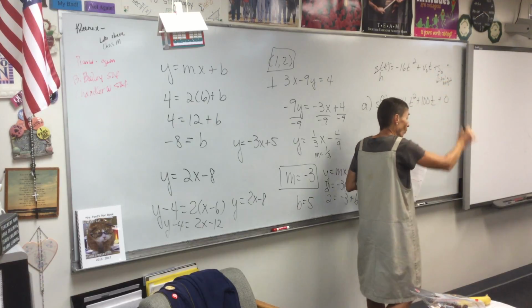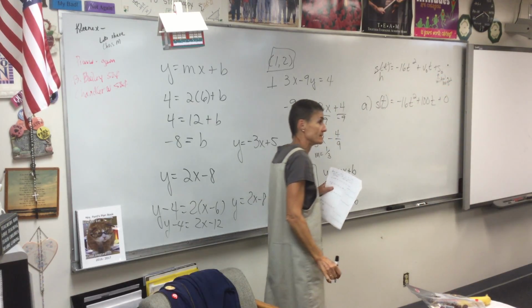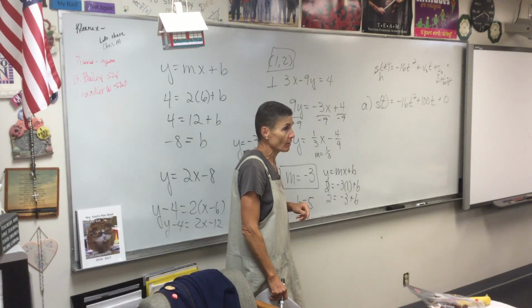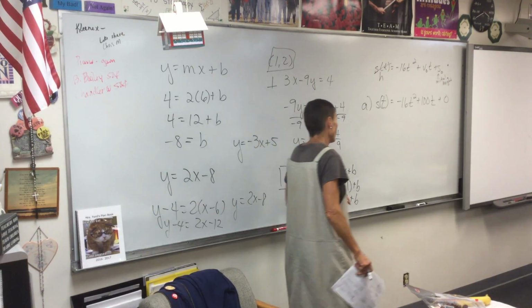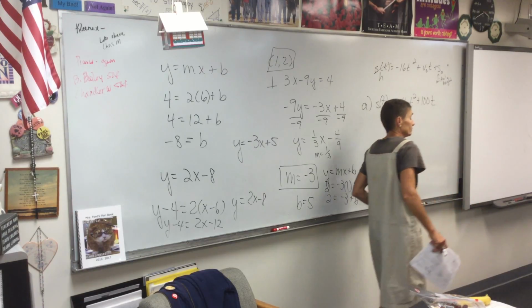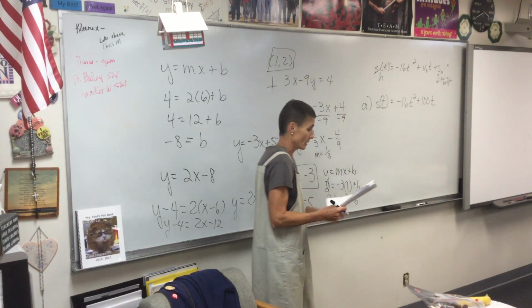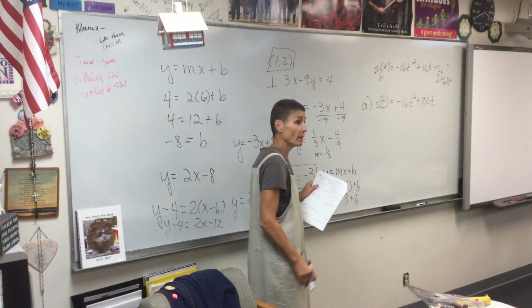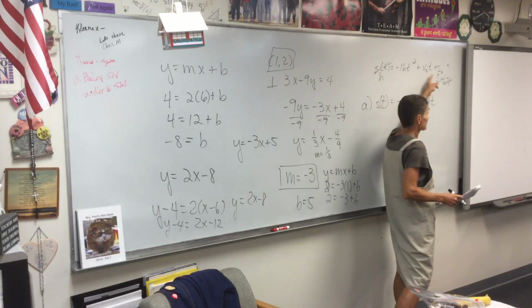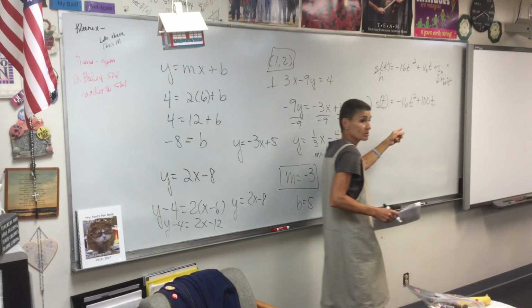Why is the initial height 0? Start on the ground. You're starting at ground level. So I'm not even going to put that in there because it confuses me. That's A. That's the equation for this problem. Your equation is going to be this with the numbers plugged in. So we plug them in.